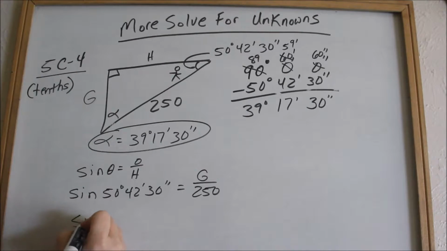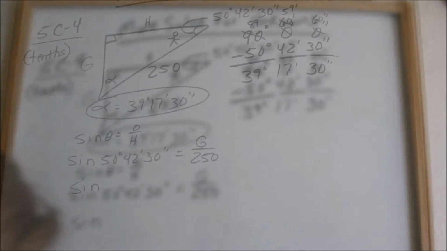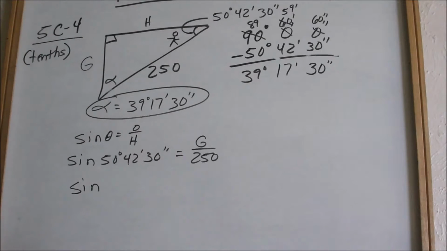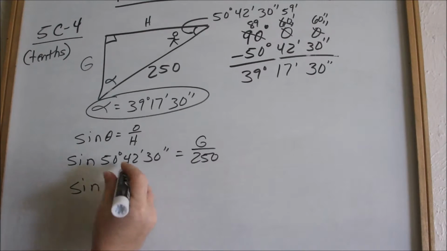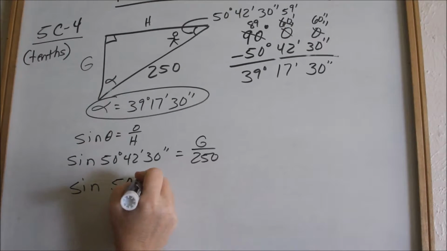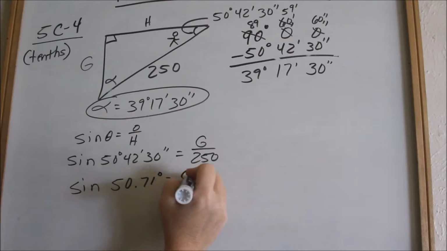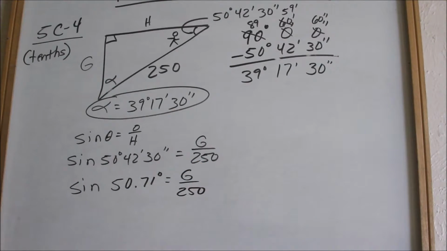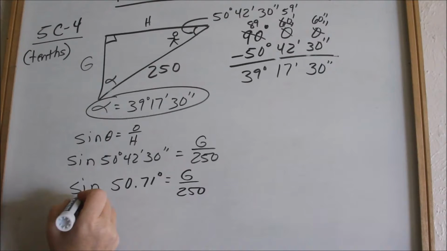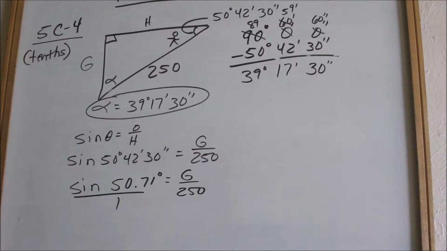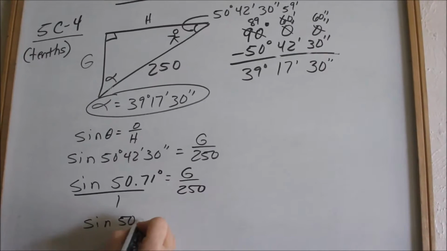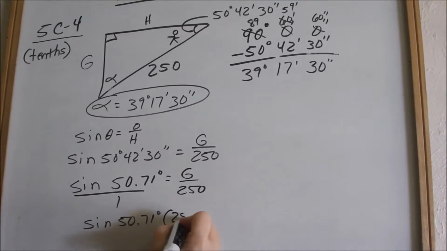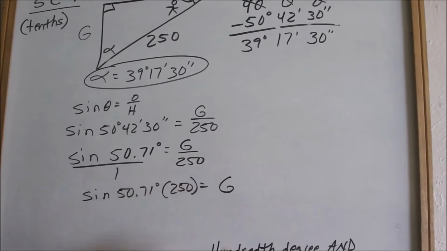If I converted that into a decimal, that's 50.71 degrees. Then this looks just like last lesson. I can put this into a fraction, then use cross multiplication to solve. So sine of 50.71 degrees times 250 equals G.